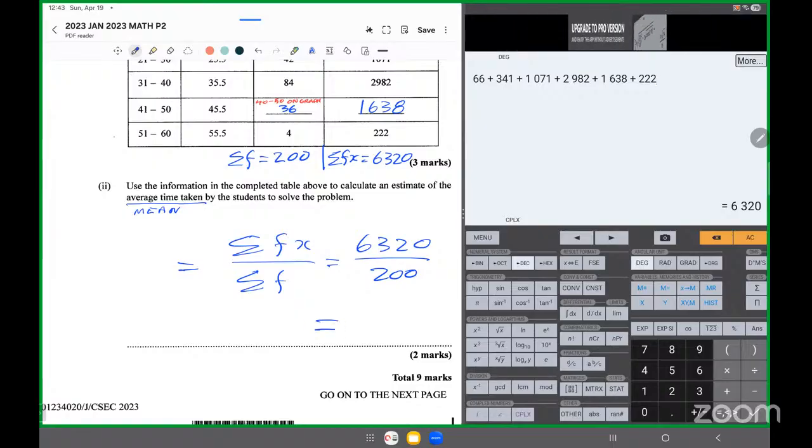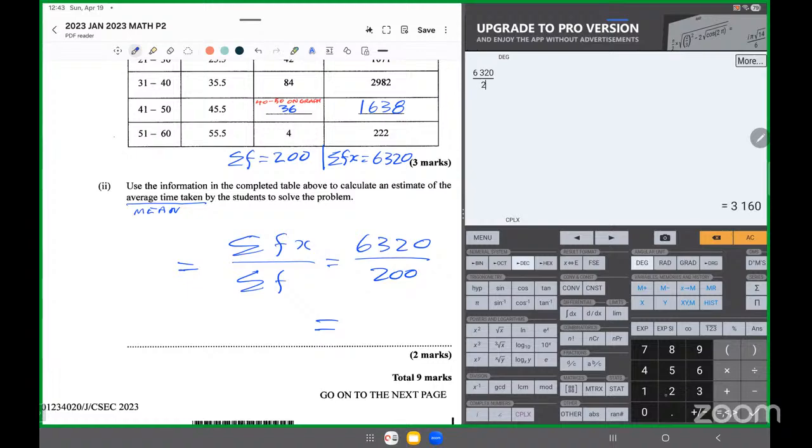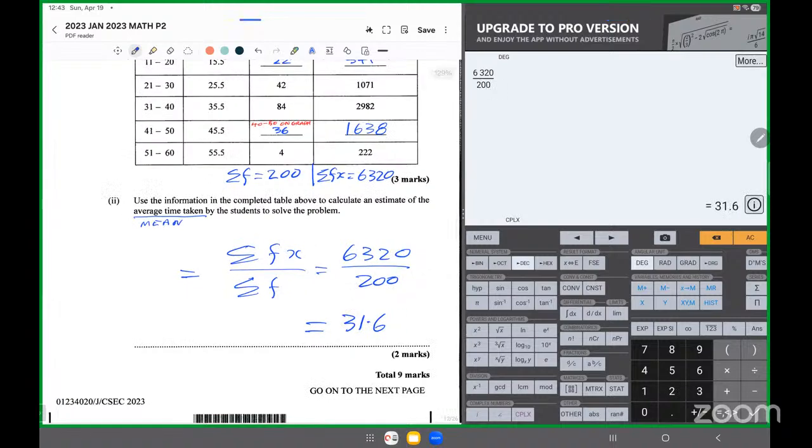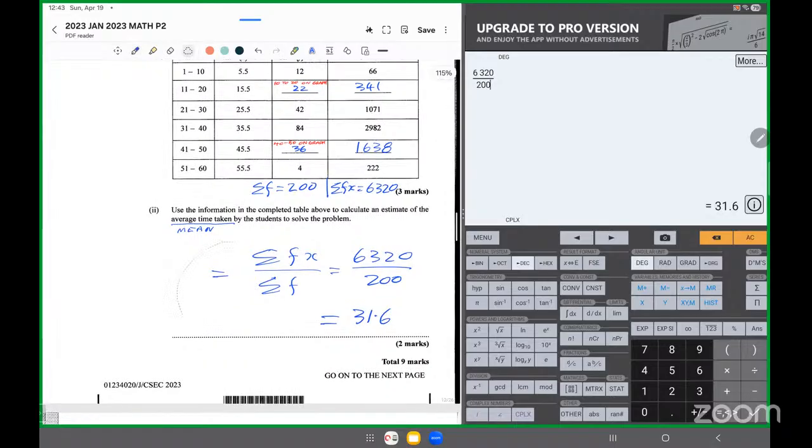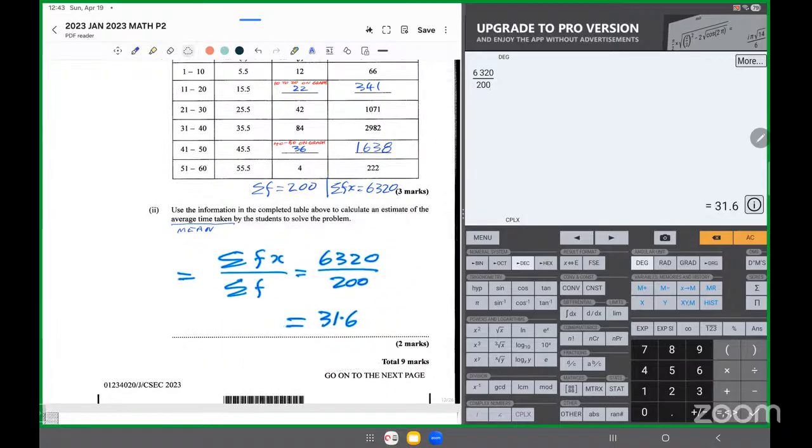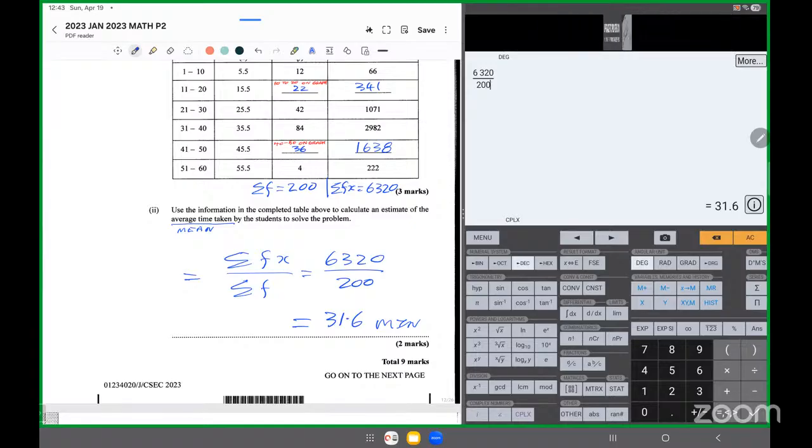Dividing 6320 by 200 gives 31.6 minutes, which is the average time, or the mean time. They put minutes on this. That's the answer. Very good.